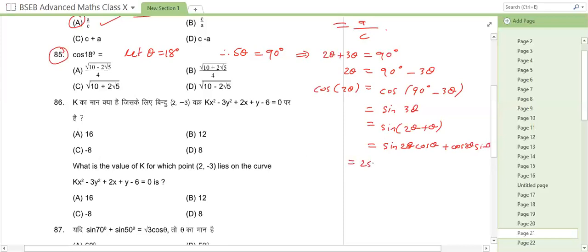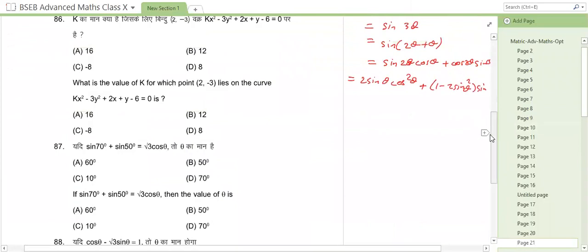Which is equal to 2 sine theta cos squared theta plus (1 minus 2 sine squared theta) into sine theta.